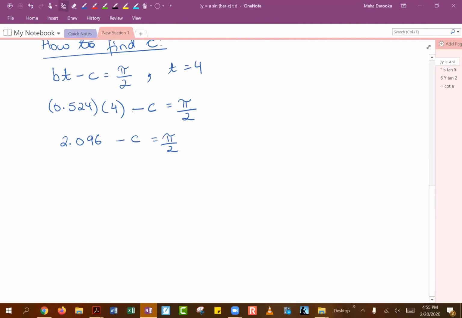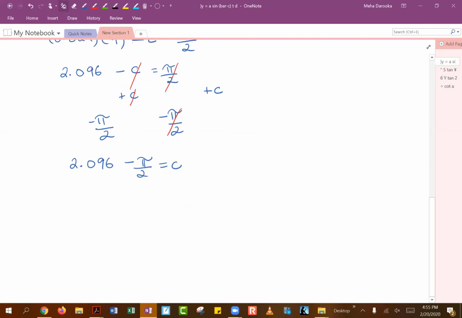So now to calculate c, we can go ahead and add c to the other side and then subtract pi halves and bring it over to the left hand side, and this will end up giving us 2.096 minus pi halves equals c.